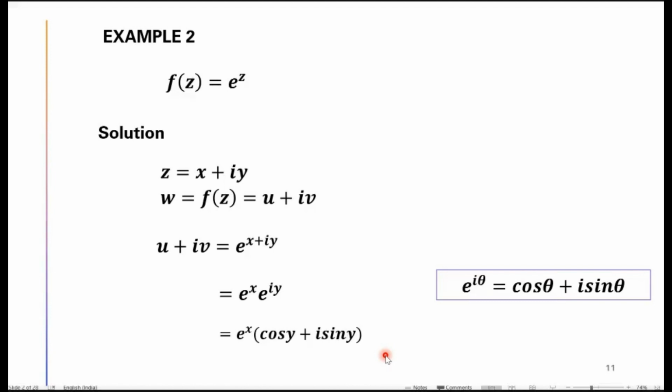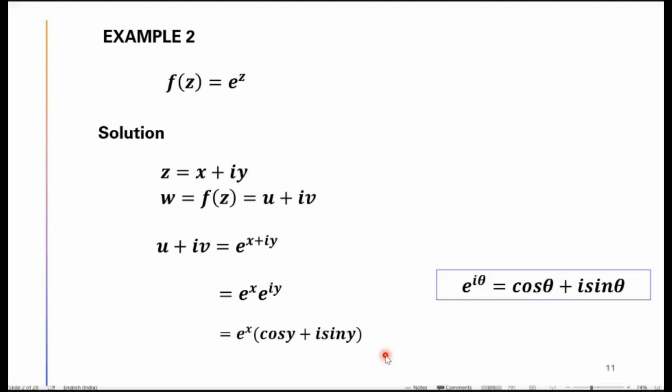Log का अलग method है, sin का अलग है, cos का अलग है. Only those trigonometric function है. What is that? Sin, cos, e raised to and log. Okay, we have only so many functions where we should know how to separate real and imaginary part. Now what is the real part?